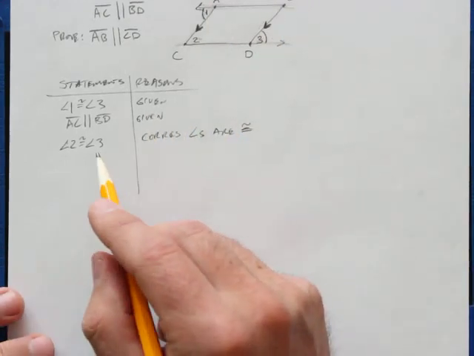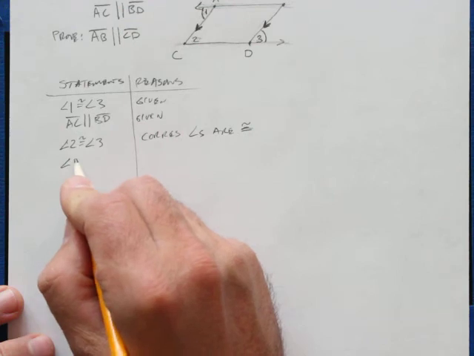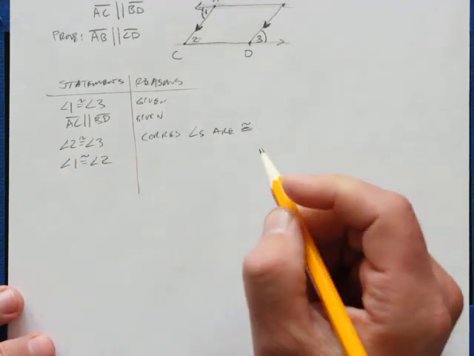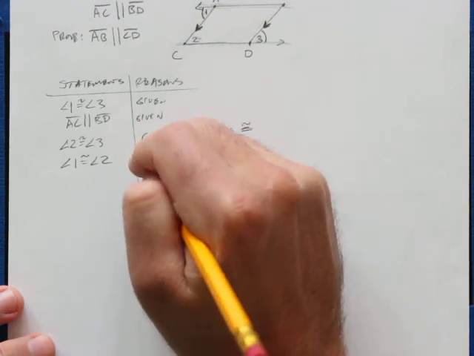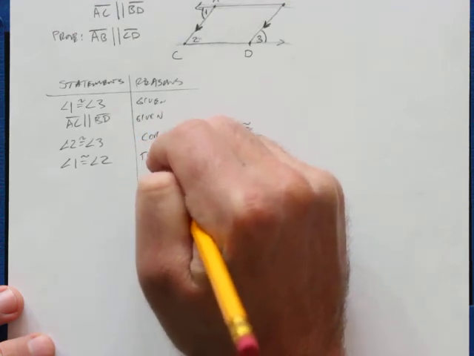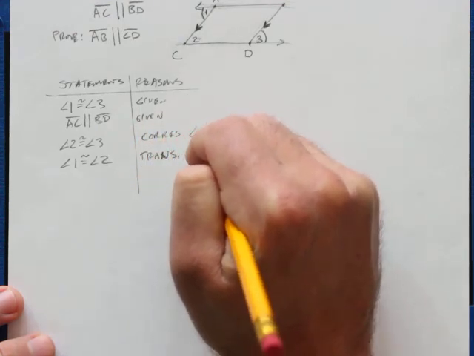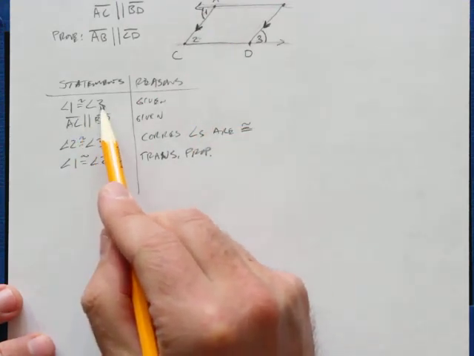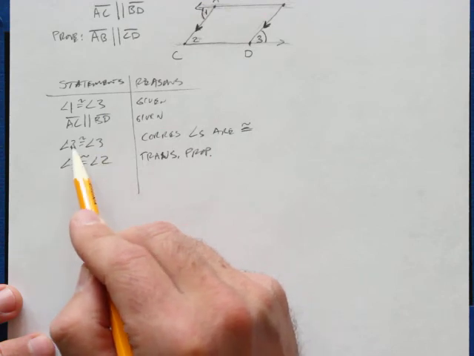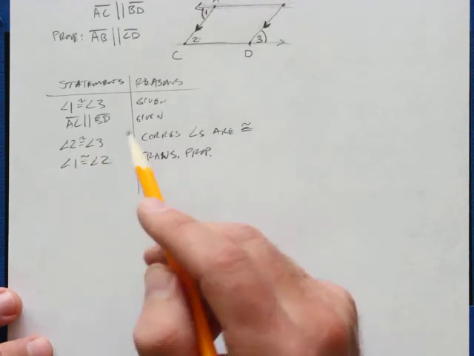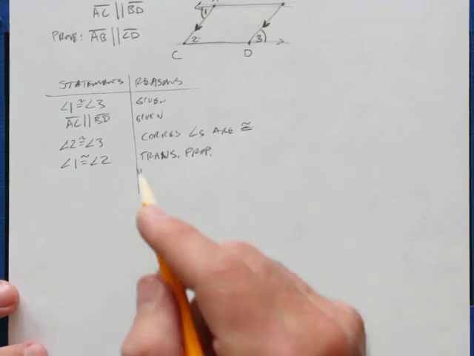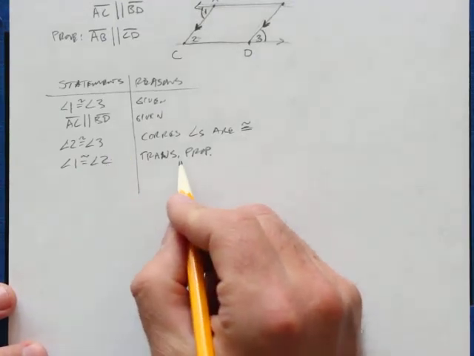So I'm going to say now that angle 1 is congruent to angle 2, and that is the transitive property. That's the one that says if 1 is equal to 3 and 3 is equal to 2, then that means 1 and 2 are also equal. So that's a transitive property.